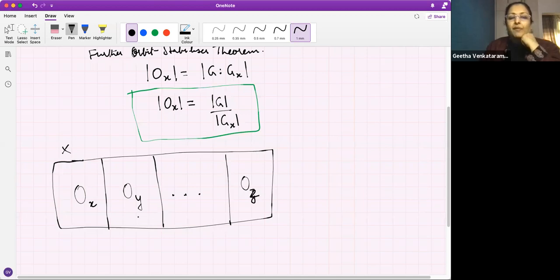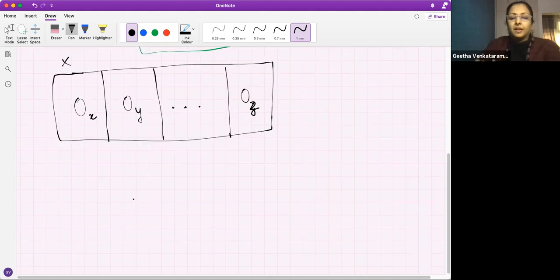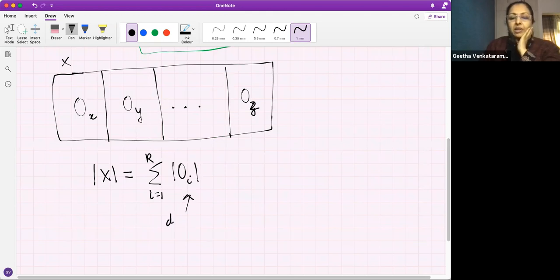And so in a finite situation, we also have that the order of X is nothing but the summation, if I have k orbits, say, i equal to 1 to k, of the order of O_i, where these are the distinct orbits.